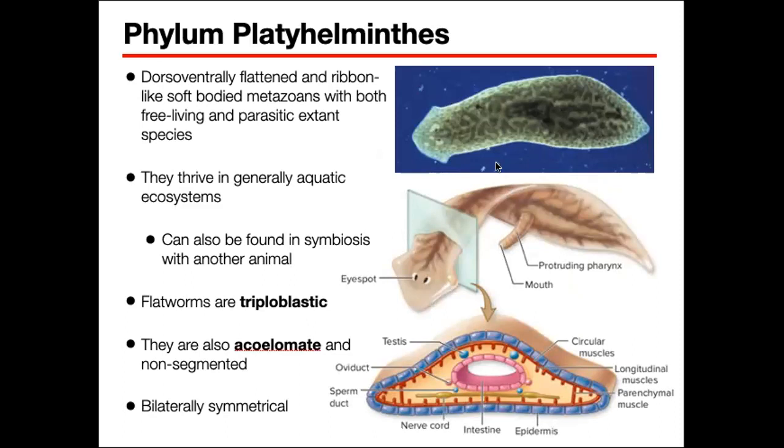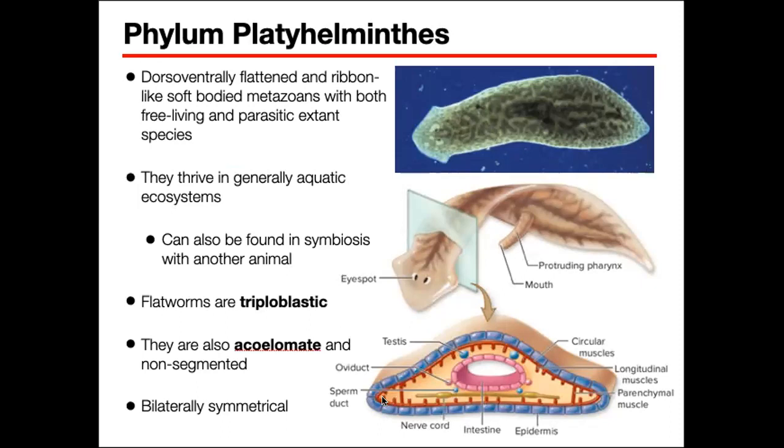And they are generally in aquatic ecosystems. However, some can be found in symbiosis with other animals. And unlike yung first three na invertebrates, these flatworms are now triploblastic. So meron na sila nung mesoderm na layer.